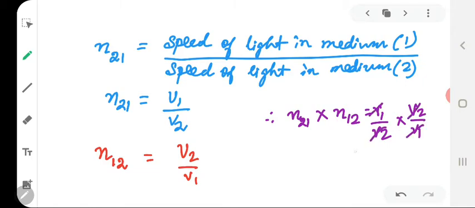And that is equal to 1. Therefore, isn't it? So we can say that refractive index of medium 1 with respect to medium 2 is reciprocal of the refractive index of medium 2 with respect to medium 1.